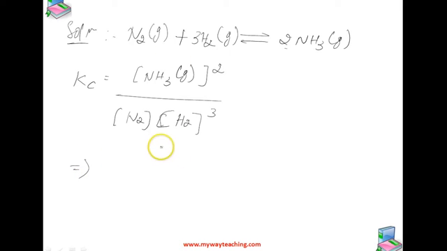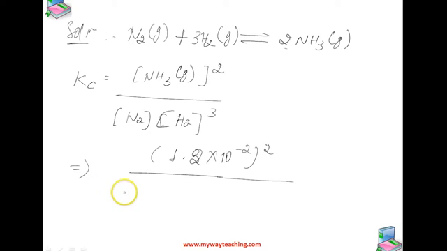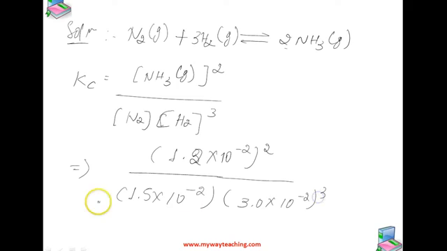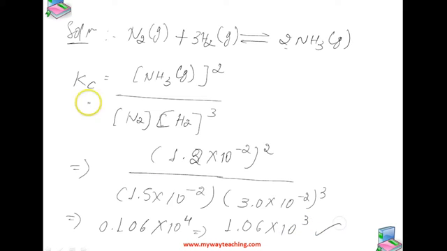They have given the value 1.2 into 10 raised to minus 2, this whole square, divided by 1.5 into 10 raised to minus 2 into 3.0 into 10 raised to minus 2 whole cube, is equal to 0.106 into 10 raised to 4. After calculation, you are getting the equilibrium constant Kc is equal to 1.06 into 10 raised to 4.